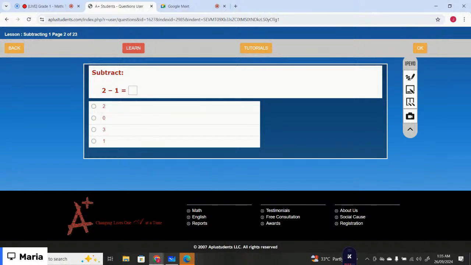The next one is 2 take away 1. So which is the correct option? 2 take away 1. You just move back one digit, right? So 2 take away 1 is 1. The correct option is 1.